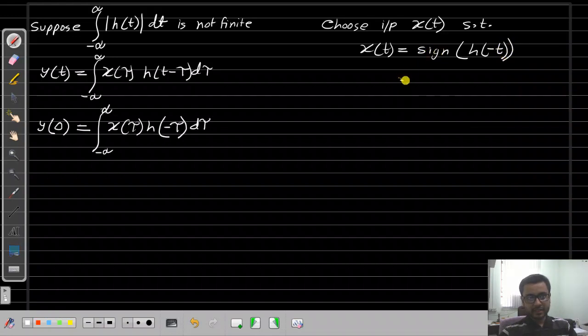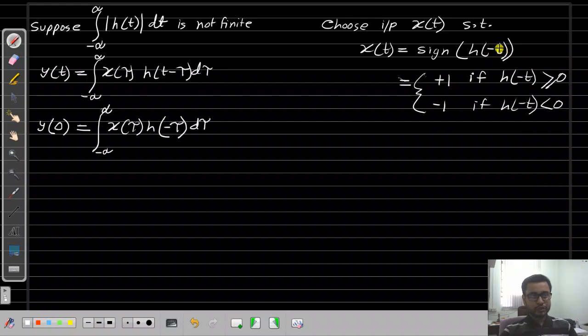It means x(t) is equal to plus 1 or minus 1 depending on whether h(minus t) is greater than 0 or h(minus t) is less than 0. So this gives the plus or minus sign of h(t).